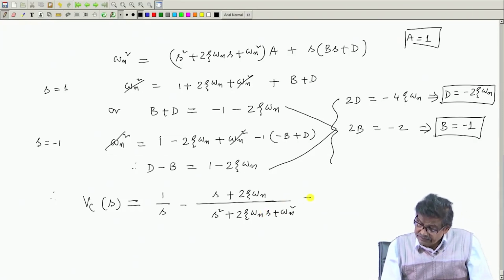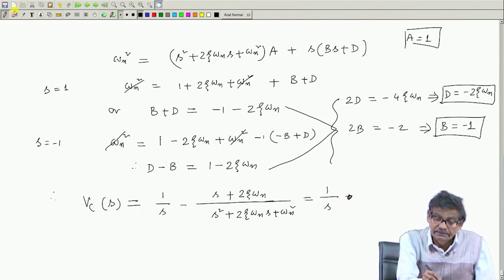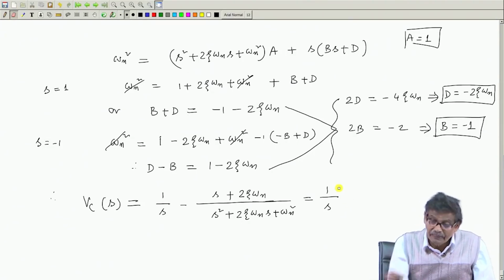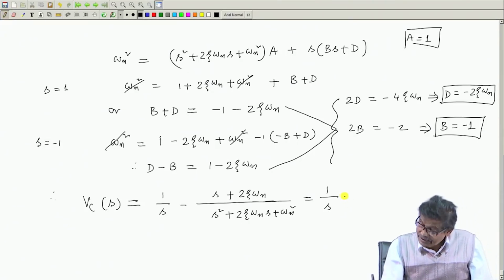Now, this is nothing but 1 by s plus, not plus, minus, this I will write it as s plus zeta omega n.